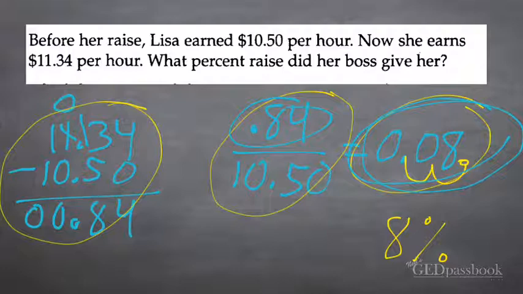That's because she was bad at her job and they demoted her because she was horrible, right? What percent decrease did her boss give her? Same thing. Find the difference of the numbers. Whatever number you get, divide by the original. Whatever number you get, convert to percent, and boom, you're done. You found your percent decrease.